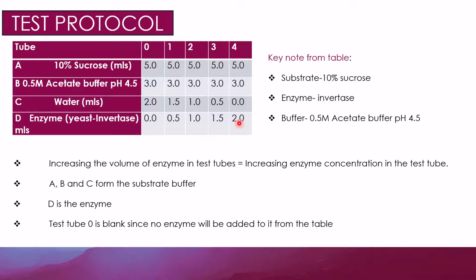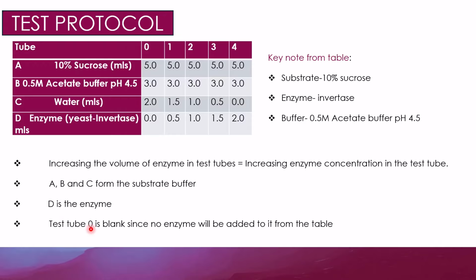So what this means is that an increase in the volume of the enzyme in each test tube is the same as increasing the enzyme concentration. Also, A, B, and C form the substrate buffer: the 10% sucrose, 0.5 molar acetate buffer, and the water form our substrate buffer, and D is the enzyme.